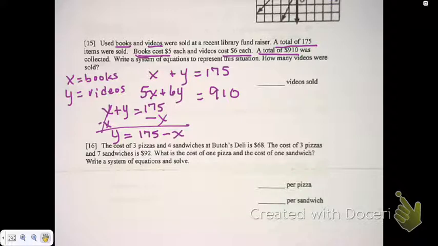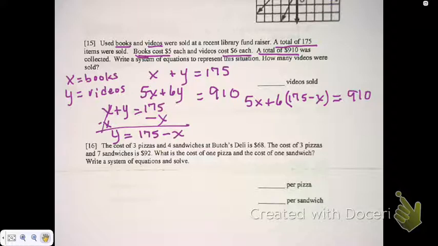Alright. And then I'm going to plug that in. So I've got 5X plus 6 times 175 minus X, because that's where my Y's at, and I'm out of room, equals 910. Okay, so I substituted in.